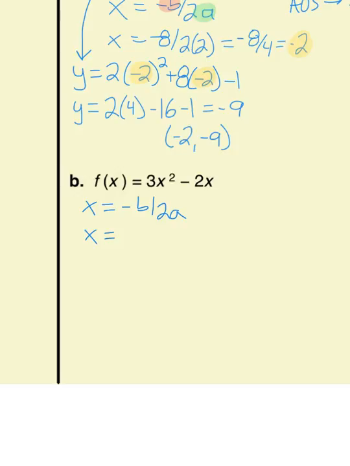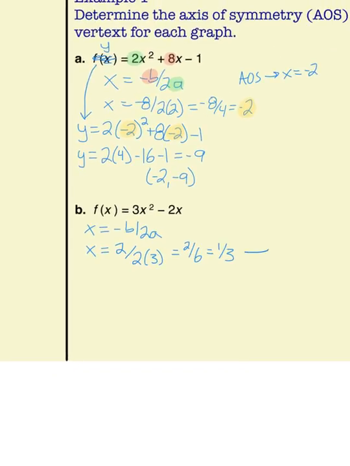So it's just going to be positive 2 over 2 times 3, which if I simplify, is 1/3. And this is also our axis of symmetry. X equals 1/3.